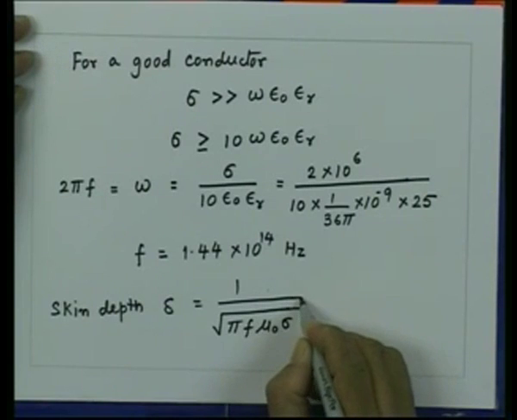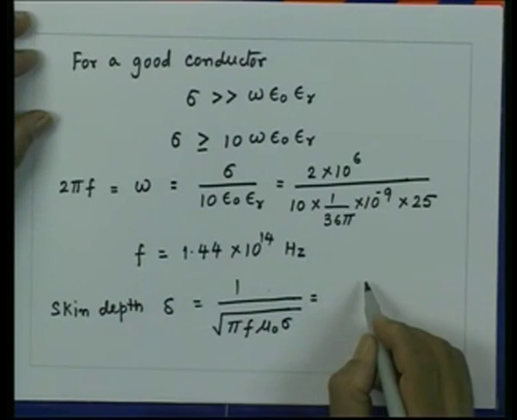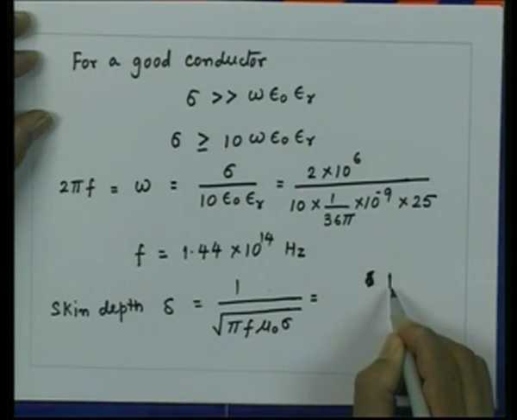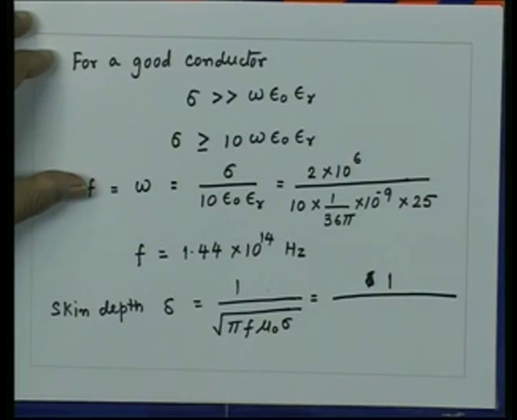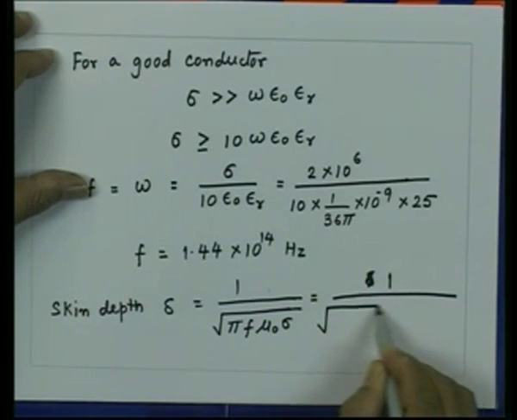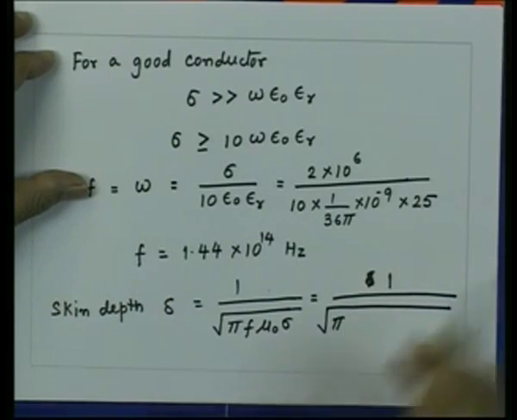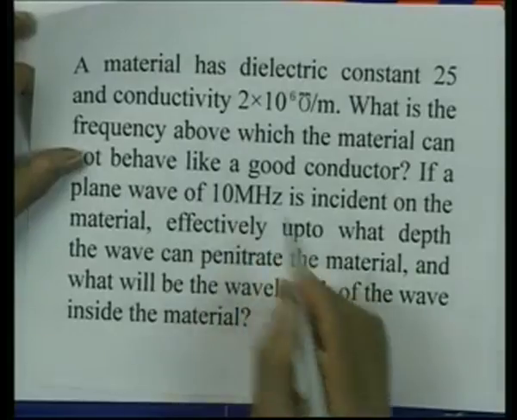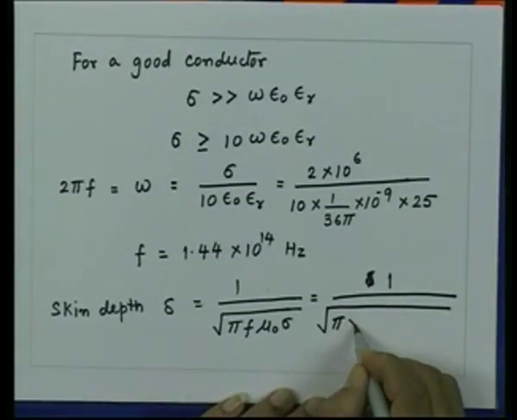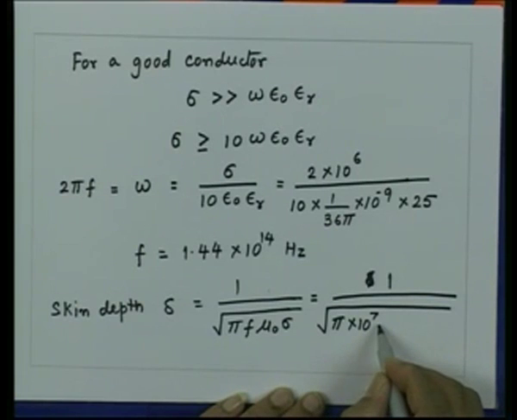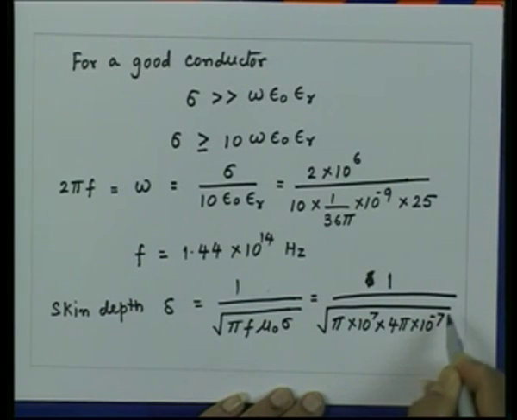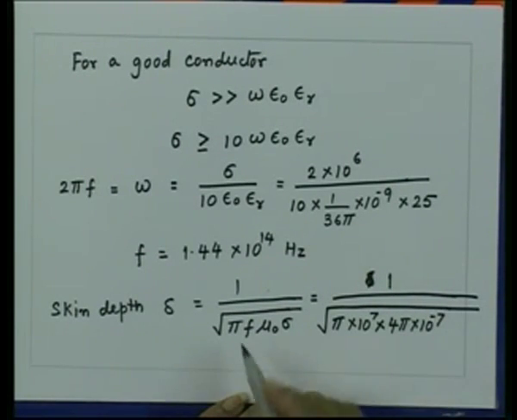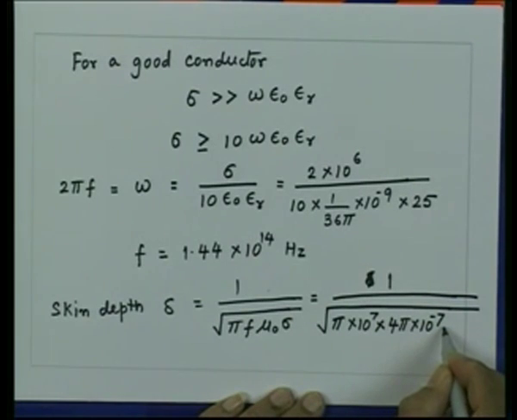So, substituting now for these quantities, delta is equal to 1 upon square root of pi, the frequency is 10 megahertz, which is 10 to the power 7 hertz, into mu 0, which is 4 pi 10 to the power minus 7, into sigma, which is the conductivity, 2 into 10 to the power 6.